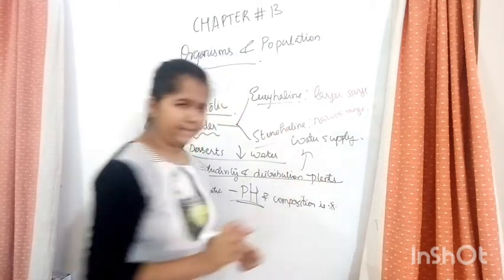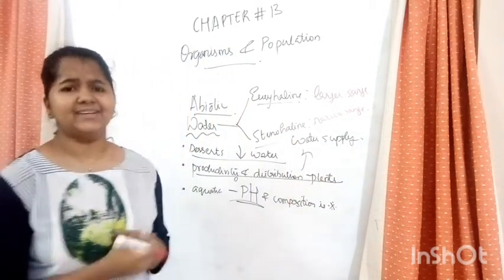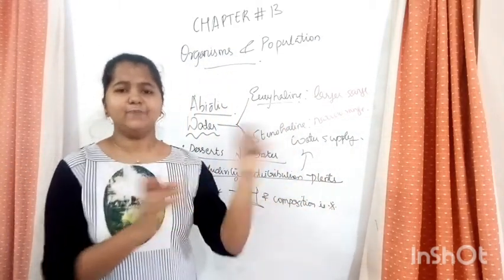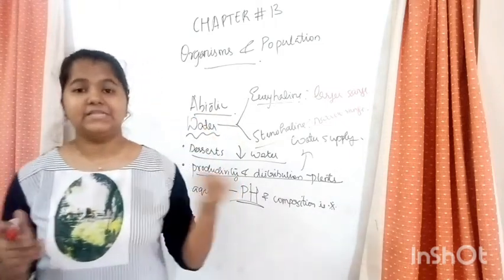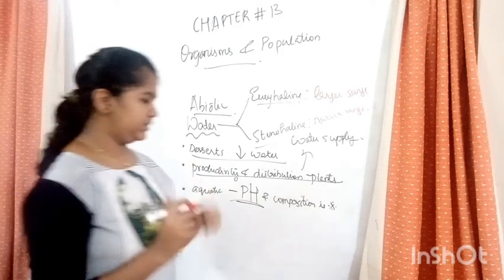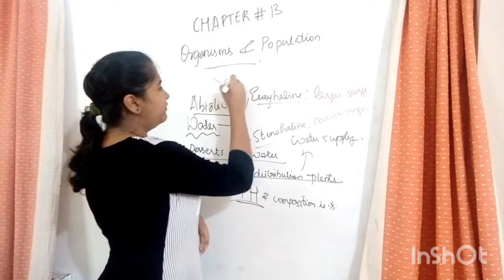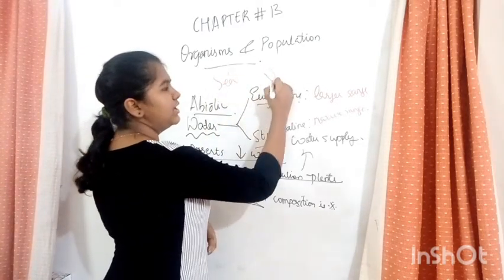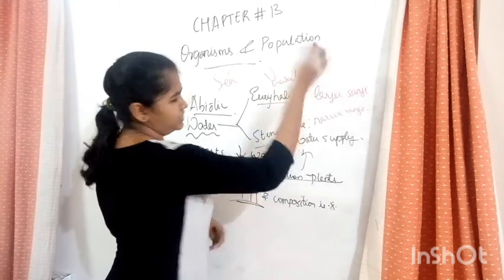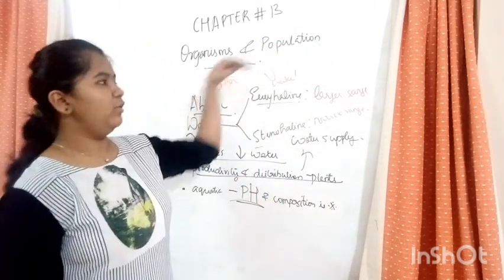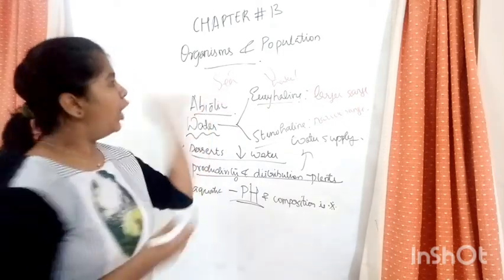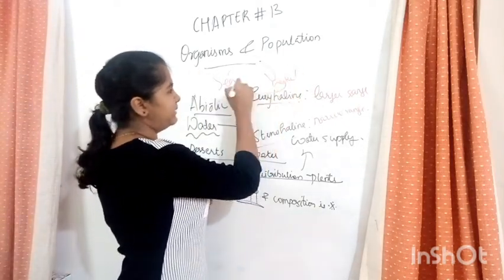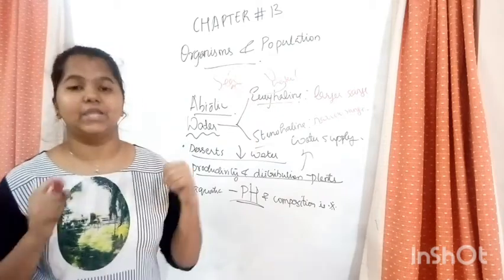Let's take a condition. There are some fishes or aquatic animals in the sea. Suppose we move the organisms from the sea to a lake or backwaters. When you move them to the lake, they might not survive, and vice versa, if you take one from the lake and put it in the sea, it cannot survive.